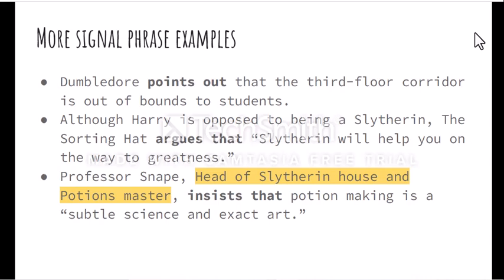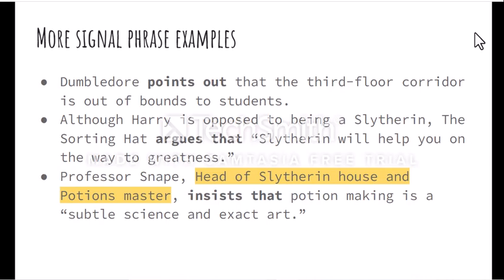The next example, Professor Snape, head of Slytherin House and potions master, insists that potion making is a subtle science and exact art. Okay, I've got two things going on here. Number one, in bold, the words insist that. That's our signal phrase. I'm like, heads up, here I come with my quotation from the text. Did you also notice the highlighted portion of the sentence?